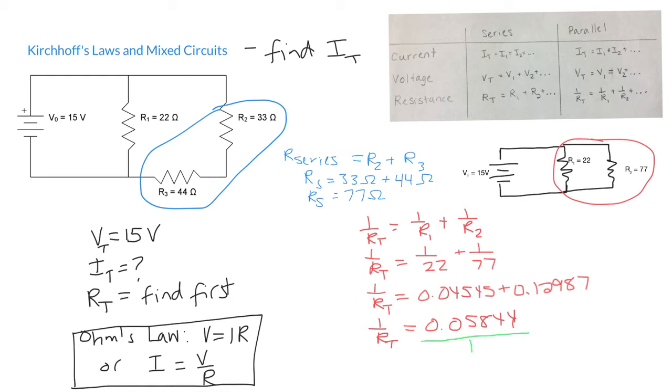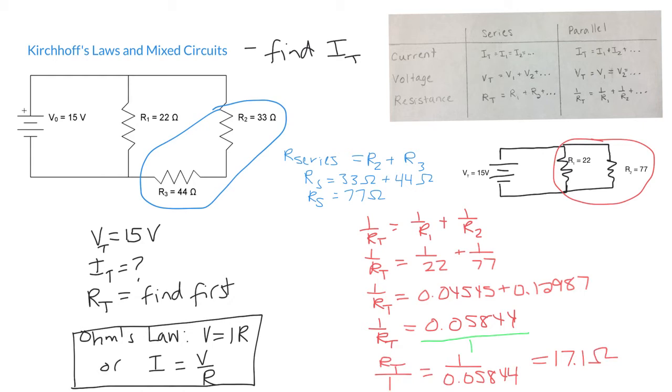Then I can flip both sides, so I get RT over 1 on the left-hand side, and on the right-hand side I get 1 over 0.05844. And that gives me 17.1 ohms.